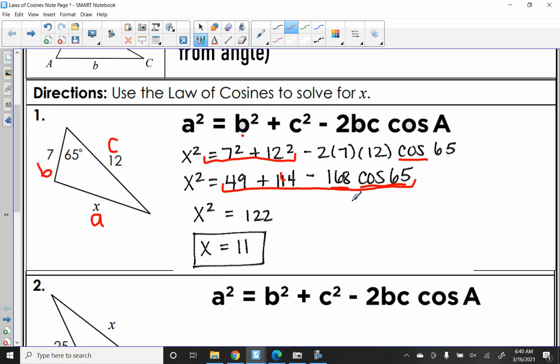And I get a decimal, but it's super close to 122. And then take the square root. I get right around 11. The decimal is so small, I just kept it 11. So make sure you take the square root at the end. That's how you get rid of the square.